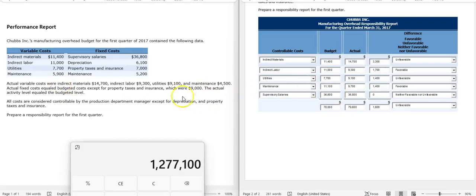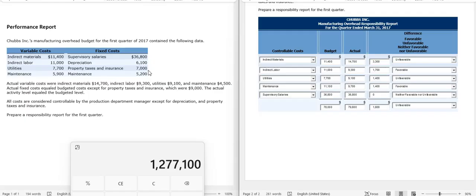Now, this problem indicates that we are preparing a performance report just for one specific department, and we're only going to include costs that are controllable by that manager. It tells us that all costs are controllable except for depreciation, property taxes, and insurance. So we are not going to include any of the non-controllable costs.